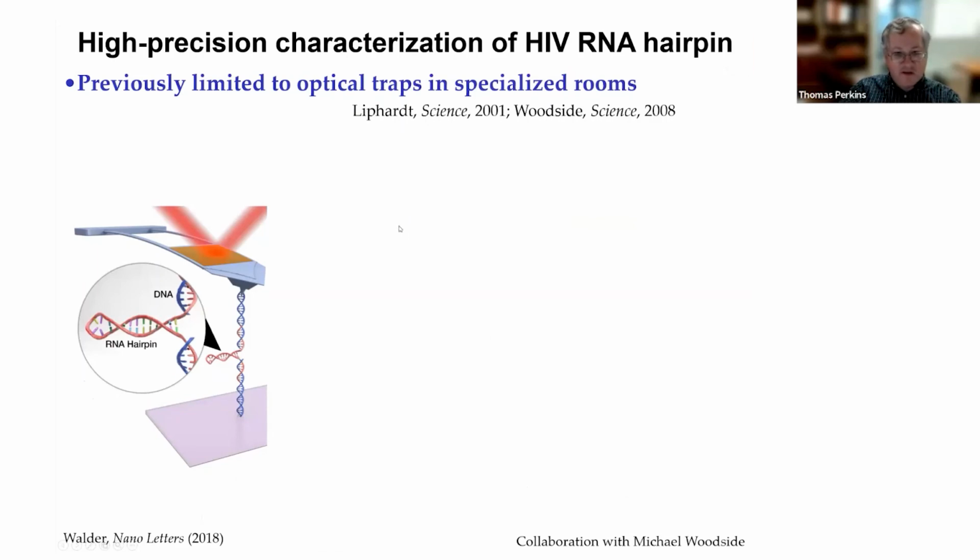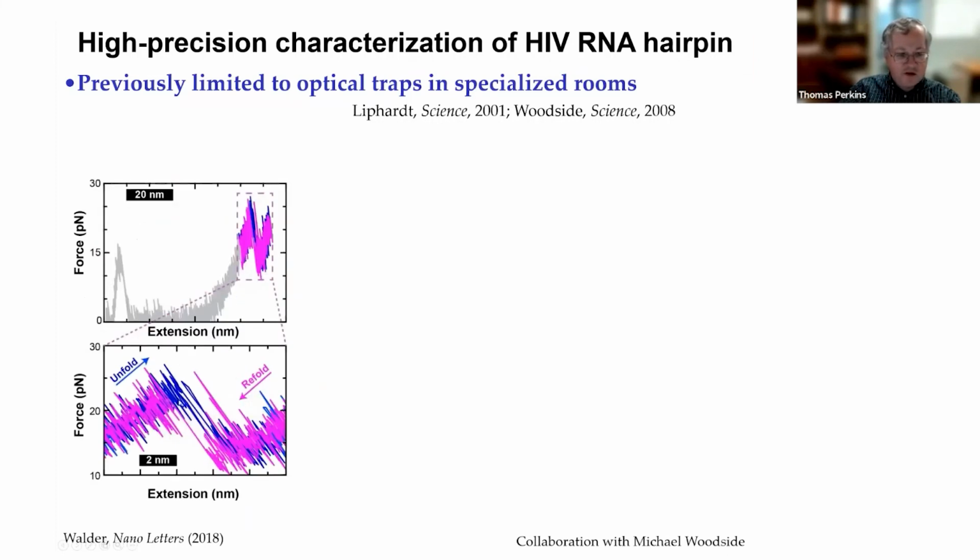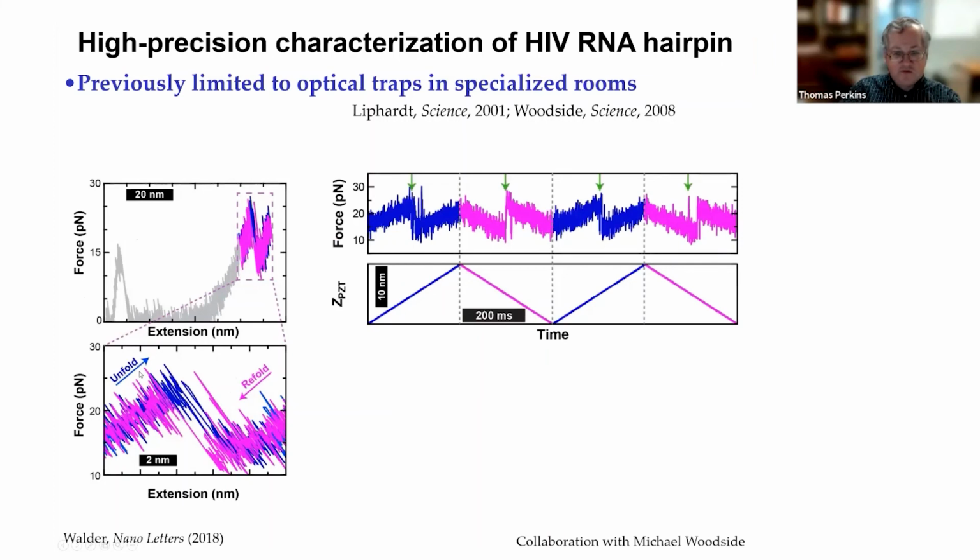And in the last few slides, what I'd like to do is just highlight this RNA hairpin assay that I showed you before, that typically this RNA hairpin would be pretty hard to see by AFM. But when we look at the unfolding and refolding of just a short 12 base pair hairpin, we can easily see it unfold and refold.